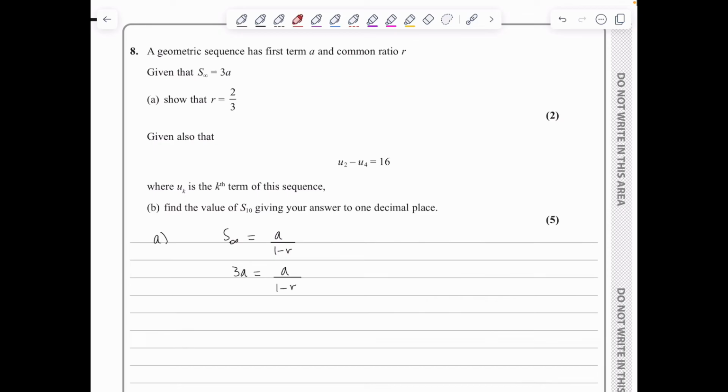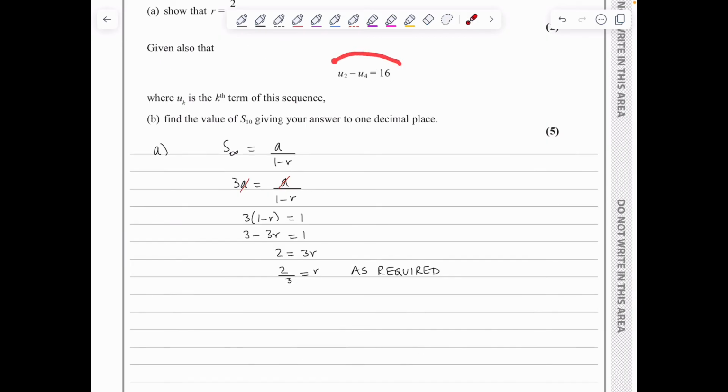Well, the a with the a will cancel out, and I will cross multiply to get 3 times 1 minus r is equal to 1. Let me expand to get 3 minus 3r is 1, leading to 2 is 3r, and therefore we obtain that r is 2 over 3 as required.